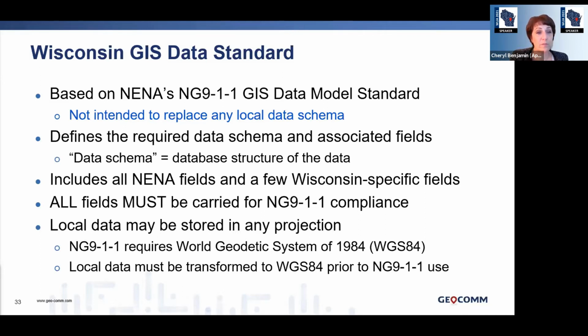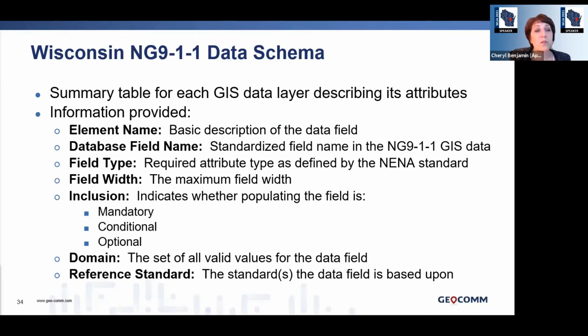So in the schema that's in the Wisconsin data model are a lot of information elements. And we're going to go through some examples in a moment. But the items to note are that there is an element name for every individual field, which is just a basic description of what it is.